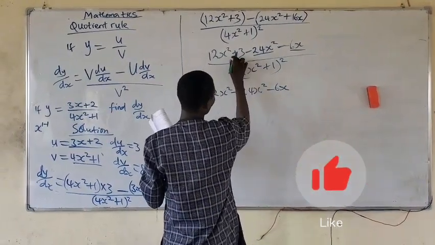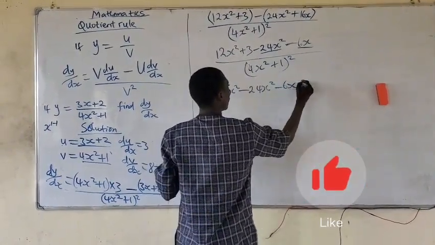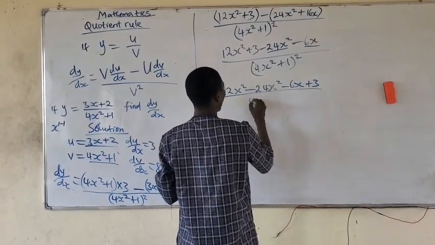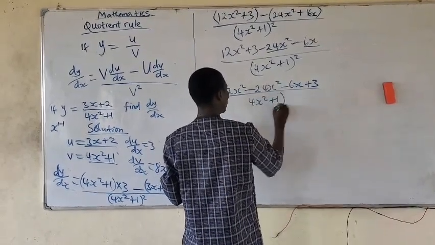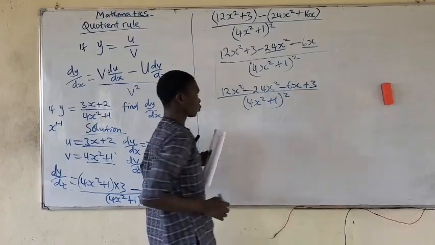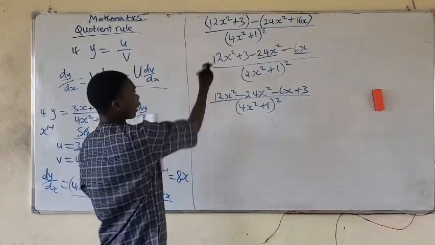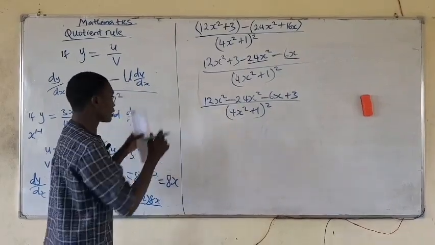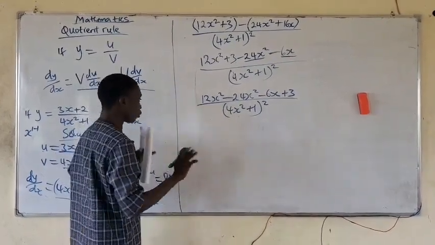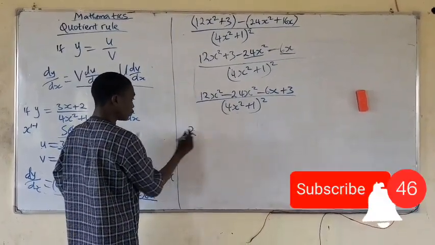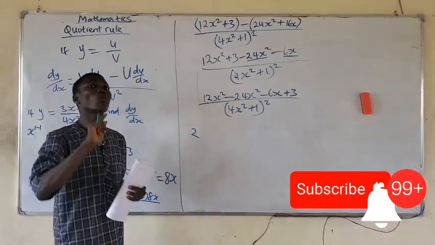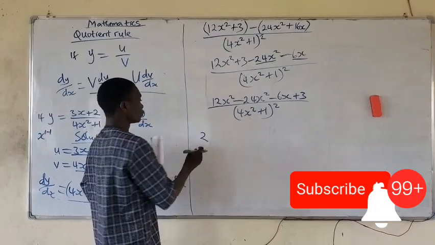This 3 is the owner of this plus, plus 3, everything all over 4x squared plus 1, squared. This one has its own invisible plus. Whenever you see an ordinary number with no sign in front of it, take note that it has an invisible plus. You understand?